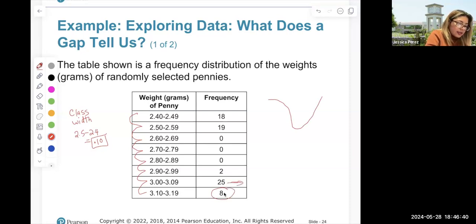So this is not the same as this or the same as this. So we're not necessarily going to have a normal distribution, but if we were to rearrange it in a certain way, we can have a 0 and then a 2 and then a 25, and so on and so forth. Okay.